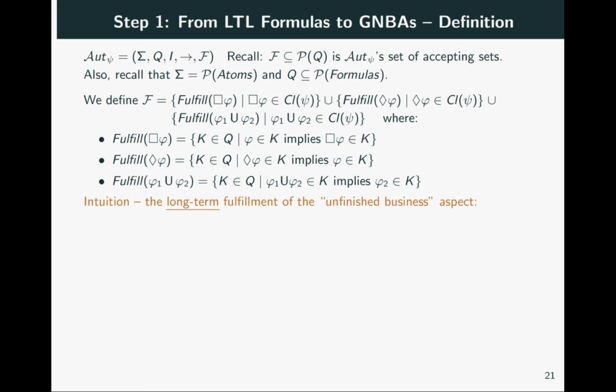Why have I called these sets fulfillments? Because they represent the long-term fulfillment of an unfinished business aspect associated to each of these types of formulas. What do I mean by that? For example, say eventually phi is part of the now scenario.